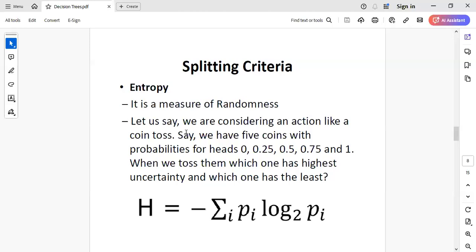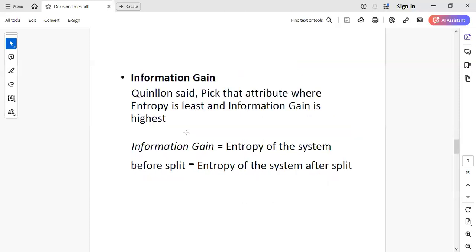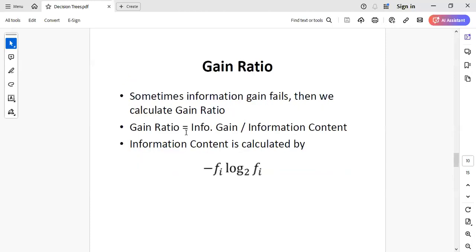Initially it was the entropy concept on which the data was split. Then they modified it to information gain.